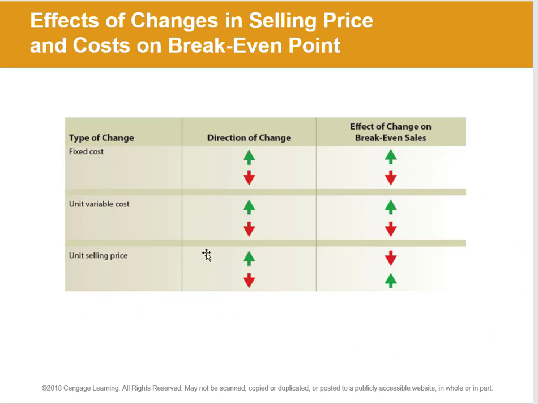Personally, this doesn't help me at all. I just have to think through it, and it makes sense that if your costs increase, your break-even is going to increase, and if your sales increase, then your break-even is going to decrease. Okay, I think that's nice and simple, and probably the best way to look at it.